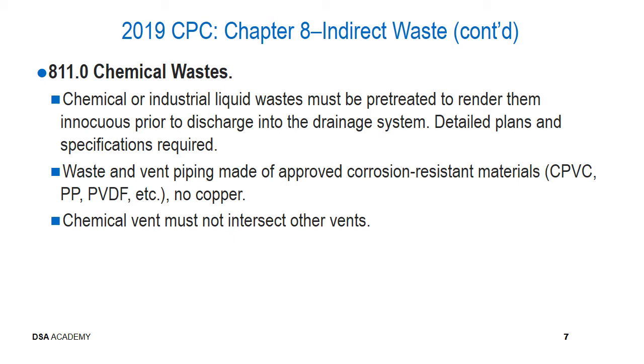So obviously very special care has got to be taken with the design and also with the installation of these systems, and the product inspector is going to want to be sure to carefully review the plans to make sure that both chemical waste lines and the vent lines do not intersect any of the other waste or vent systems in the building. They've got to exist completely separate from the existing building sewer system.